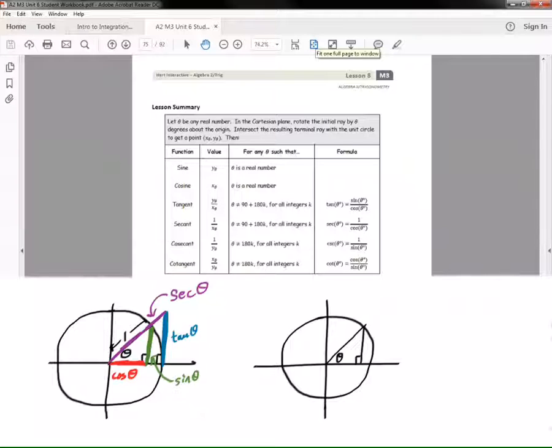Now draw me a line that's perpendicular to the y-axis right there, and go out with it. Then connect this line to it with a dot. Now you should see another triangle.